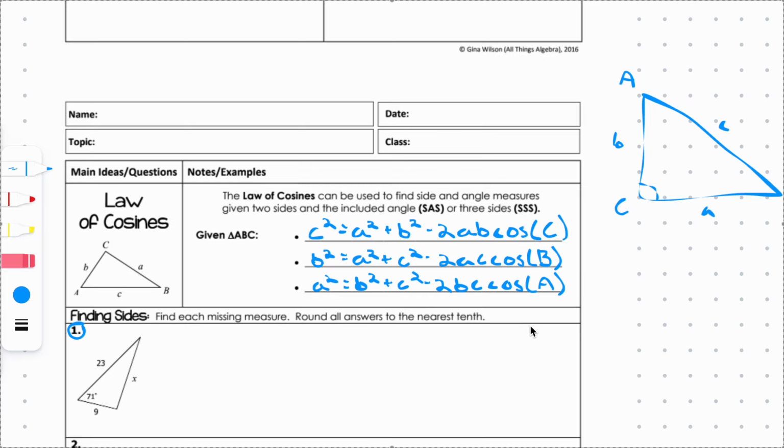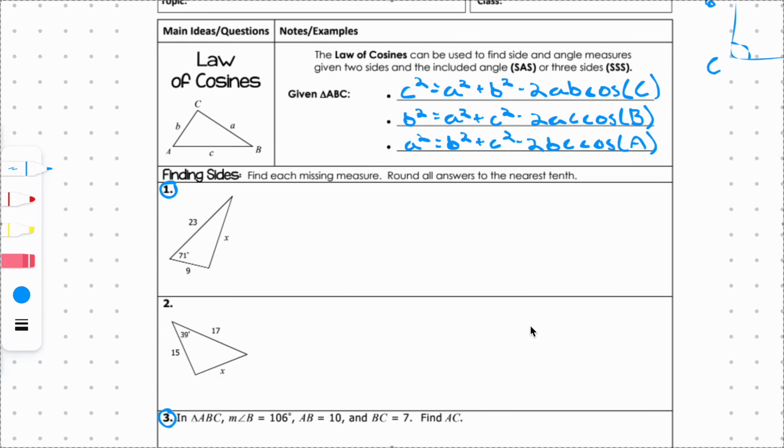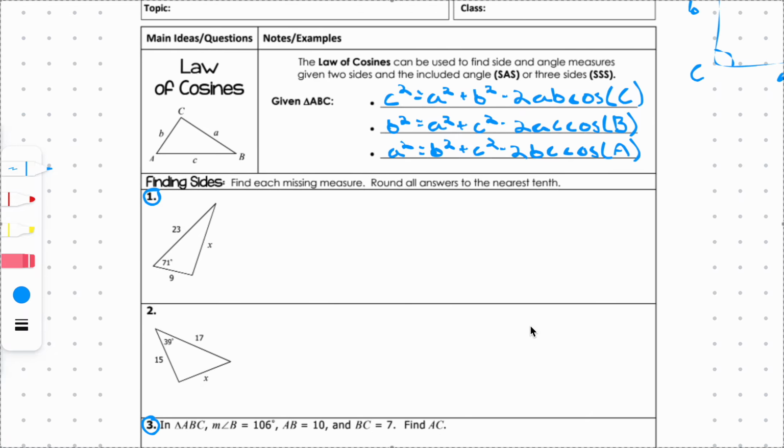Okay, so let's try to put, I know I just gave you a bunch of different formulas. Let's try to put that into practice here with problem 1. So actually, I'm going to label all of these sides at first, just so we can get a little bit of a better understanding. We know how to plug some of these in.